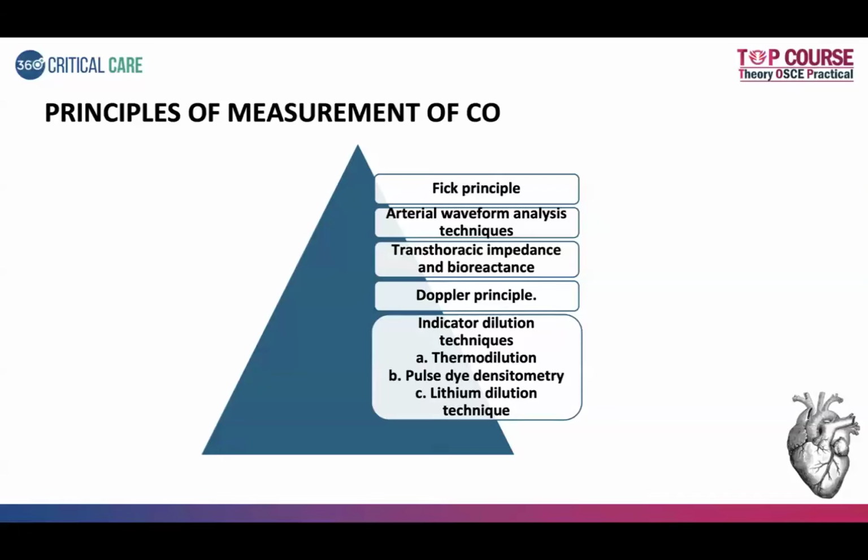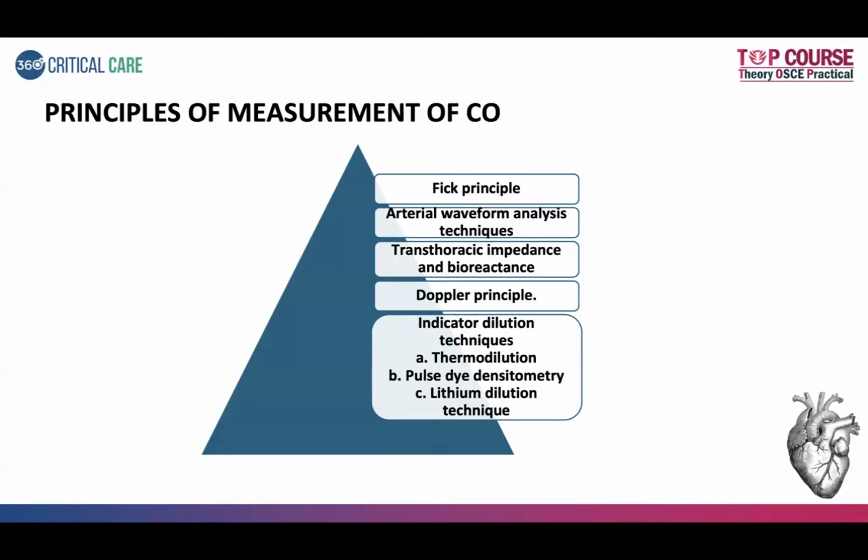So when we classify the methods of measuring cardiac output, it could be based on principle, or it could be based on invasiveness versus non-invasiveness. So I will discuss both. Based on principles, how are we dividing the methods of cardiac output measurement?